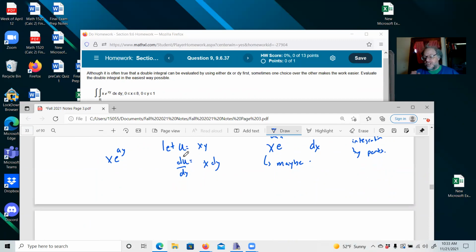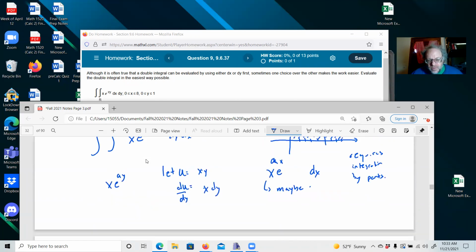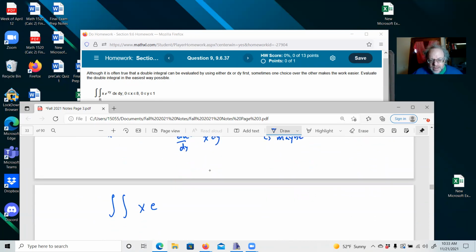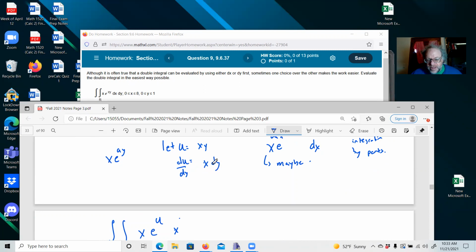And again, it's a partial, so you don't have to do product rule. So let's go ahead and recast this. So we've got the integral, we've got x e to the, what's my u? My u is xy. What's my du? My du is x dy, rather, right?